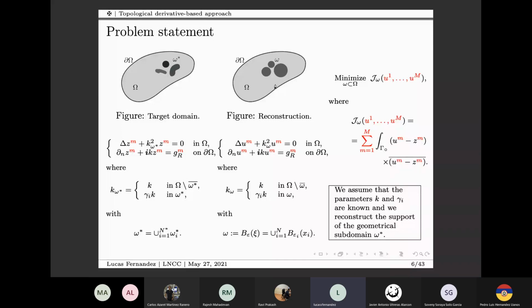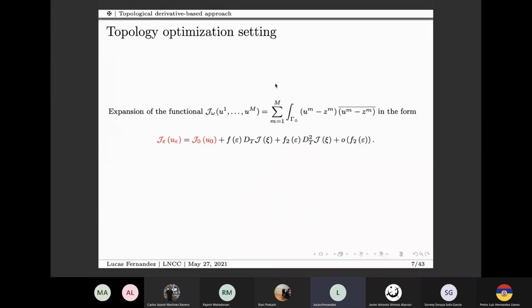One of them carries the centers, while the other carries the radii of the ball-shaped geometries. Now I'm going to start a very technical part of this lecture, where I show you how we obtain an asymptotic expansion of the shape functional j omega in terms of higher order topological derivatives.